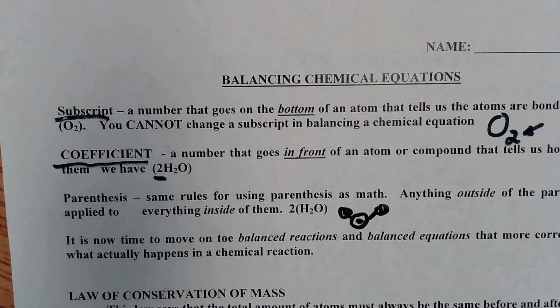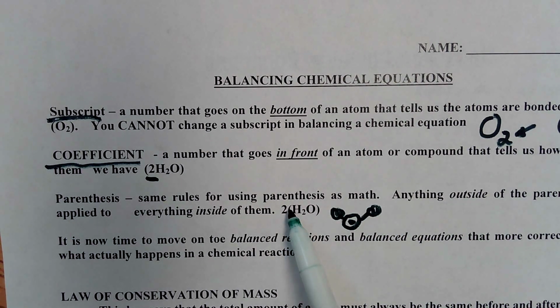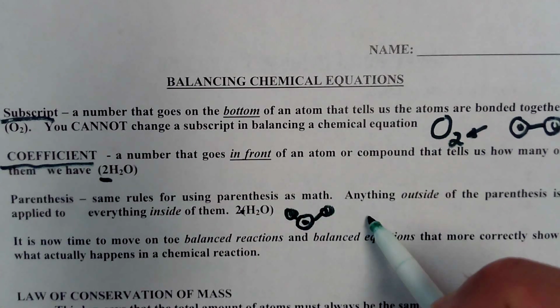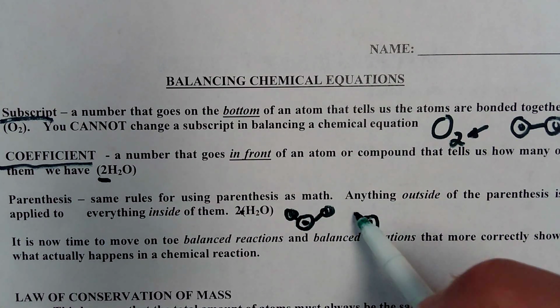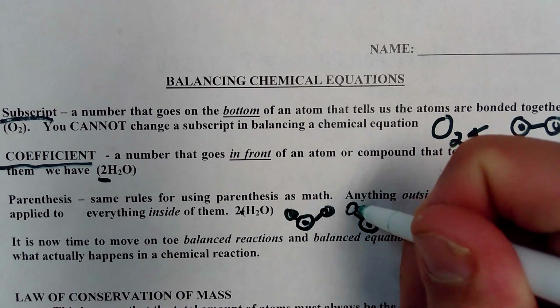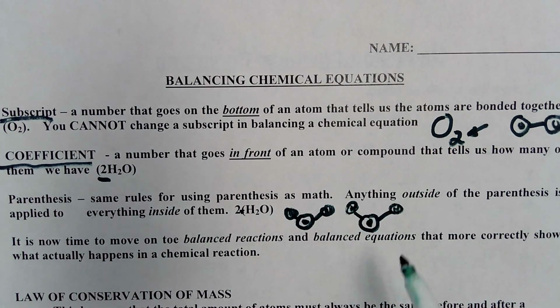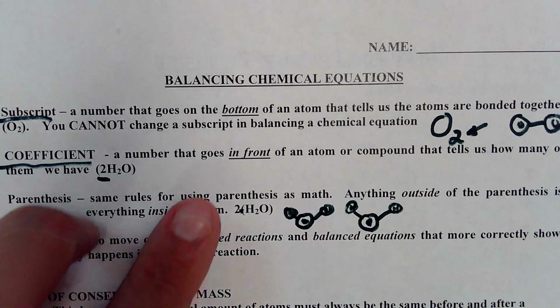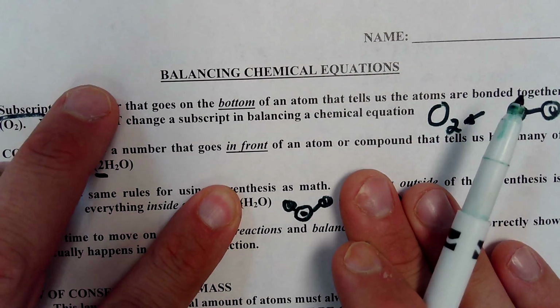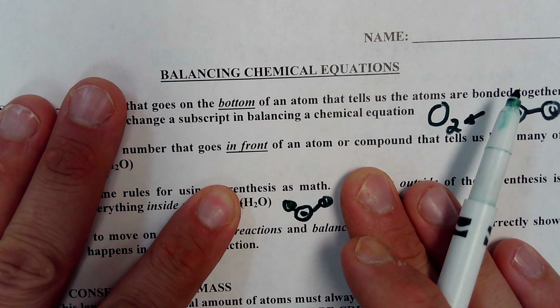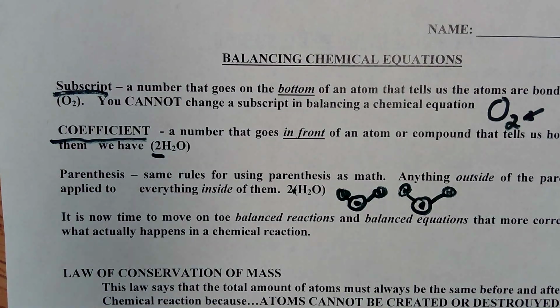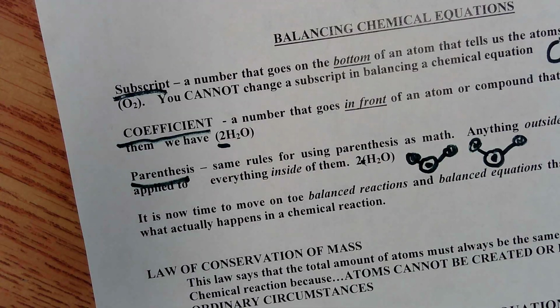This is one molecule, and since this is on the outside, it's multiplying by it, so we actually have 2 H2O molecules. Okay, so now I have 2 H2O molecules. If it was just H2O, that would be represented there, and that would be correct, right? But it's not. It's 2 H2O. That's how our parentheses come in.